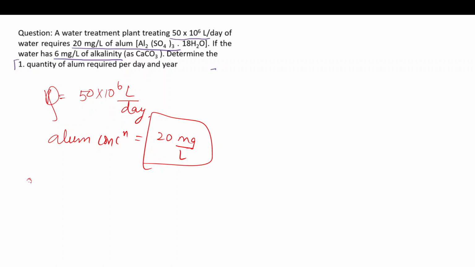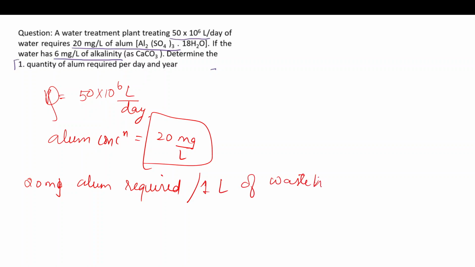Which means 20 milligrams of alum required per 1 liter of wastewater treated, right? So now you need to find out in one day what is the amount of wastewater treated.